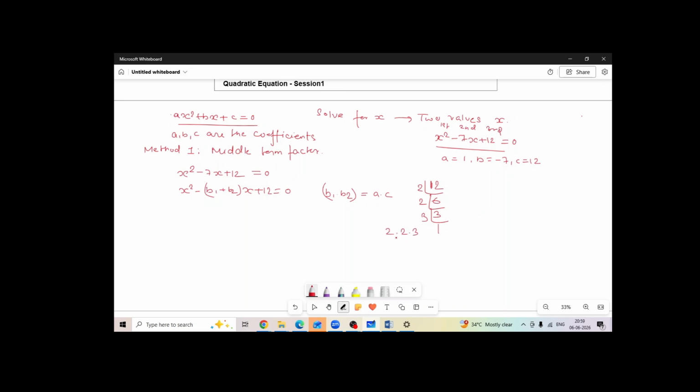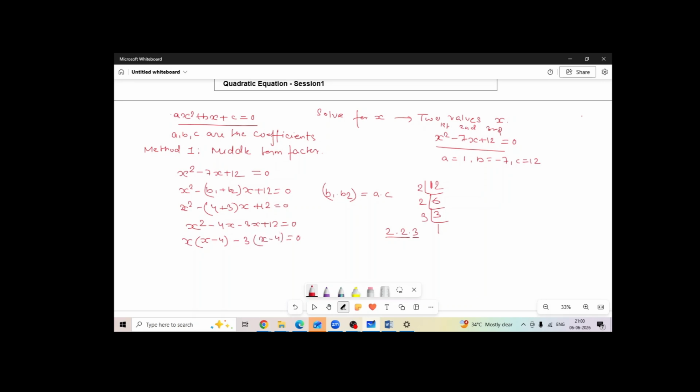I can see that if I multiply 4 into 3, I will get 12, and that gives my b1 and b2. So this is x square minus 4x minus 3x plus 12 equals 0. Now we'll take a common factor for the first two terms, which is x minus 4, and if you take 3 common from the last two, it will be x minus 4.